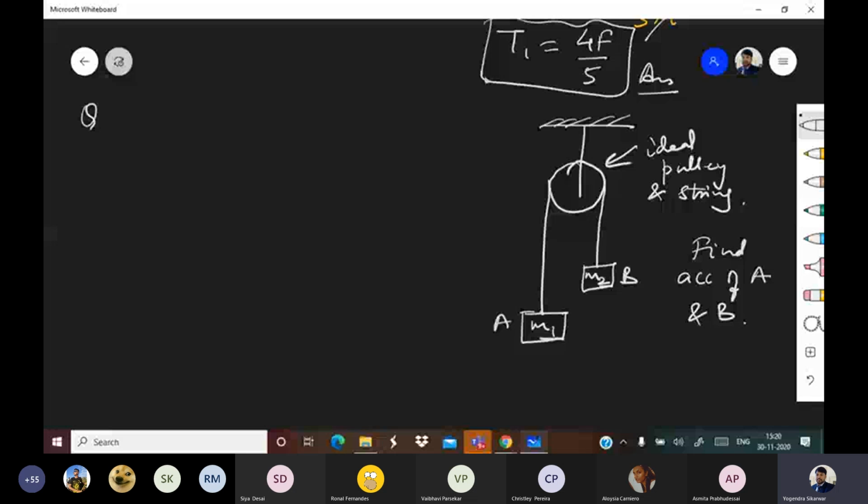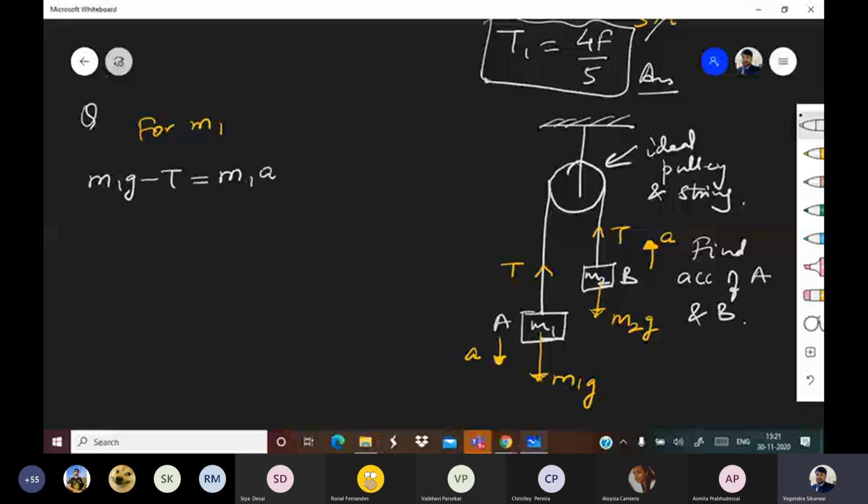Okay. So what we can write for M1 is M1G minus T is equal to M1A. Try to understand why and how we have written this equation like this. The acceleration of M1 is downward.